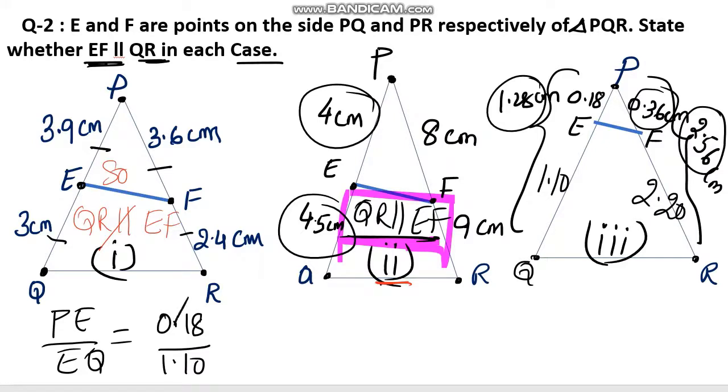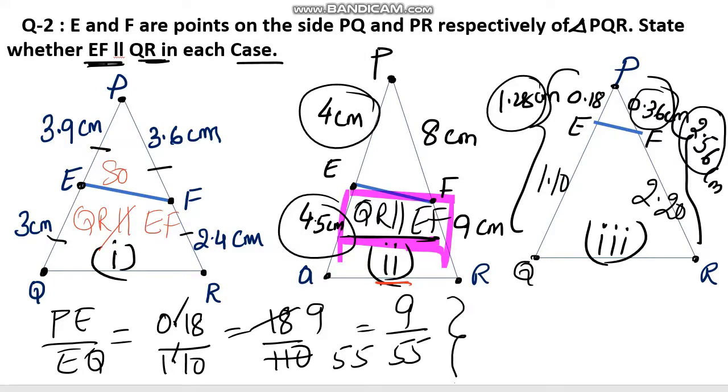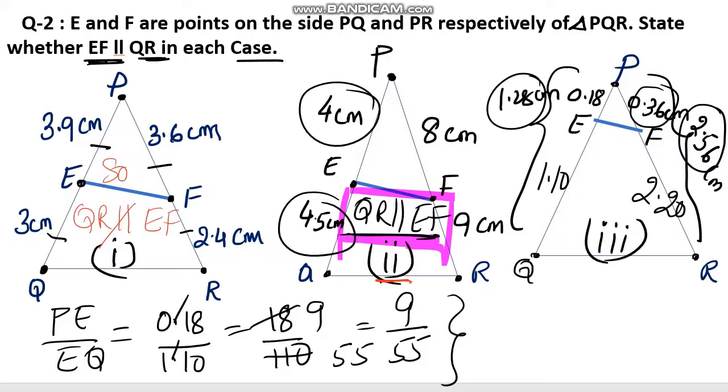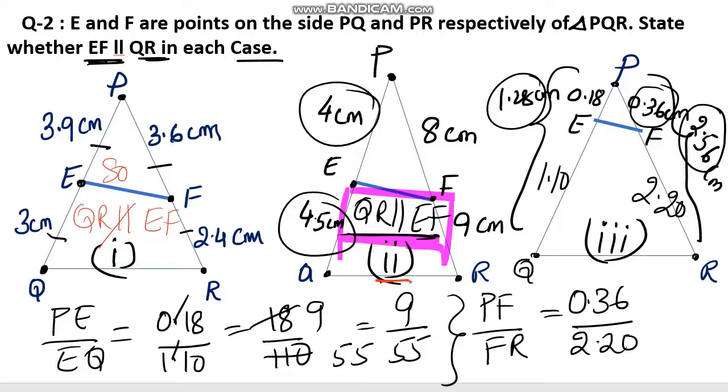If you take out the decimals, you get 18 by 110. 2 nines are 18 and 2 55s are 110, so 9 by 55 is your PE by EQ. Now see PF by FR. PF is 0.36 and FR is 2.20, so taking out the decimals you get 36 by 220.